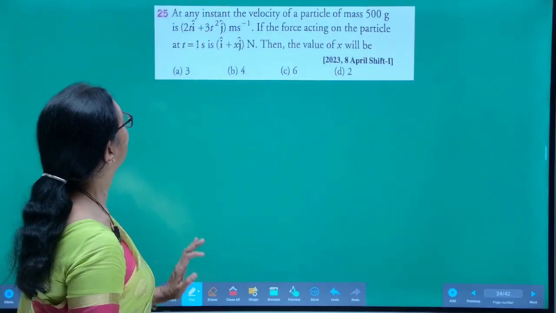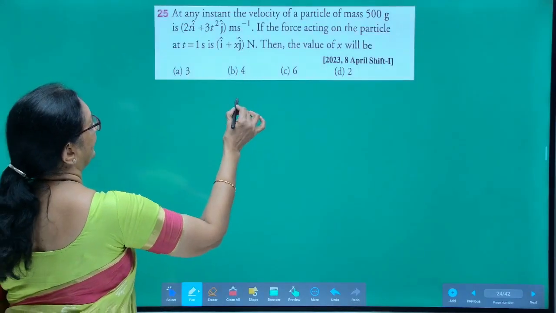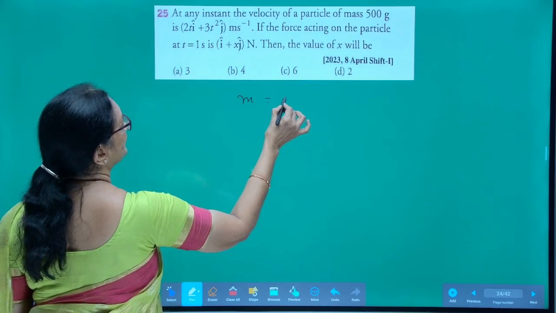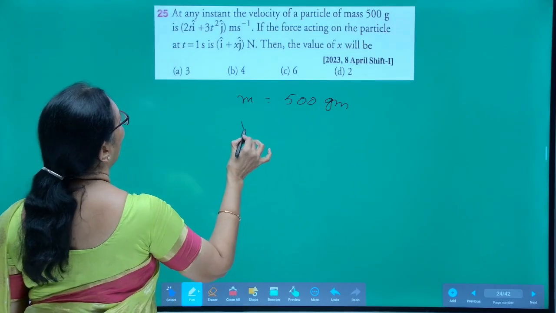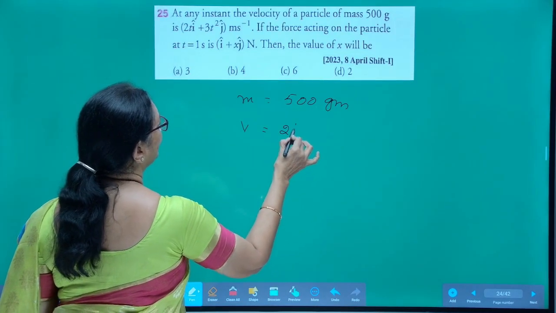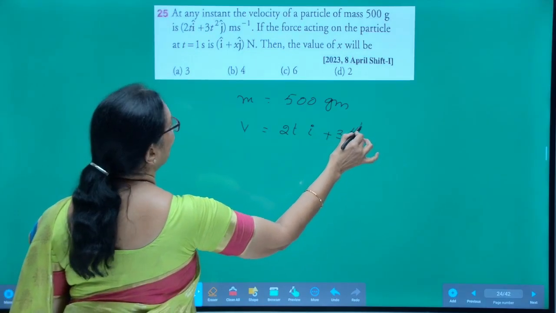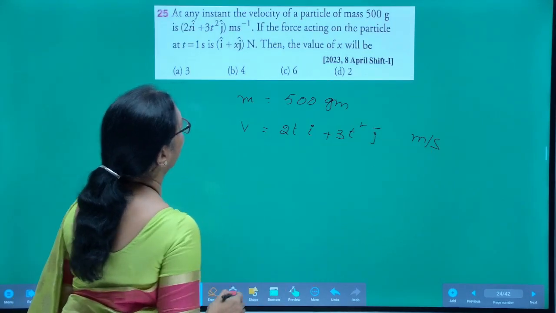Okay. See, look here. At any instant, the velocity of a particle of mass 500 grams is given as 2t i bar plus 3t square j bar in meter per second.